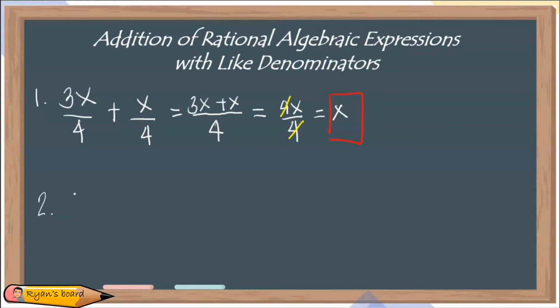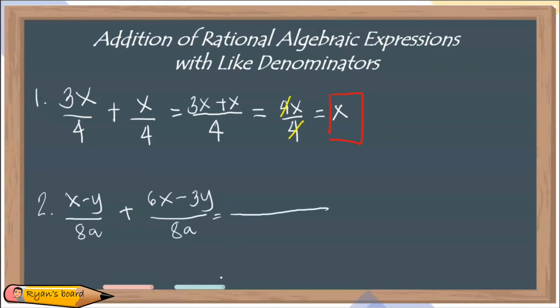Let's say we have x minus y over 8a plus 6x minus 3y over 8a. Parehas pa rin ang denominator nila, so we simply copy 8a.